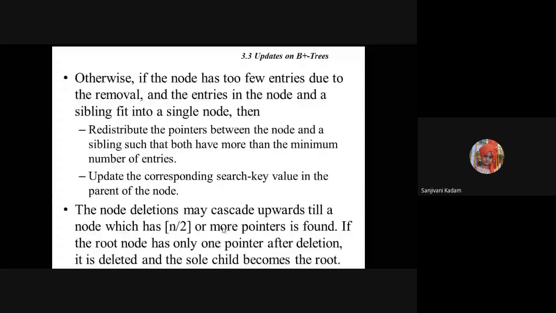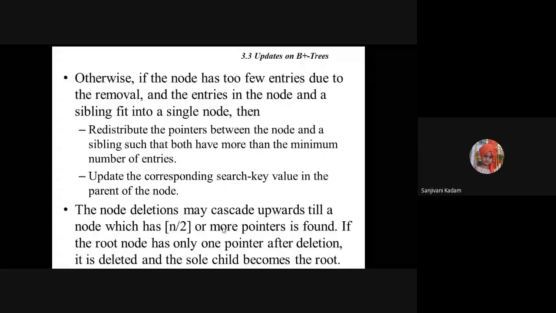Then redistribution is required. We take all the elements, perform sorting, and after sorting, put half into the left node and half into the right node. In this way also, the operation is carried out. Update the corresponding search keys, meaning after the redistribution, the new search keys are given.